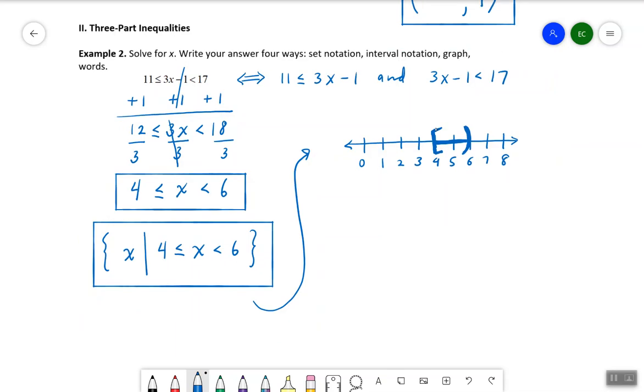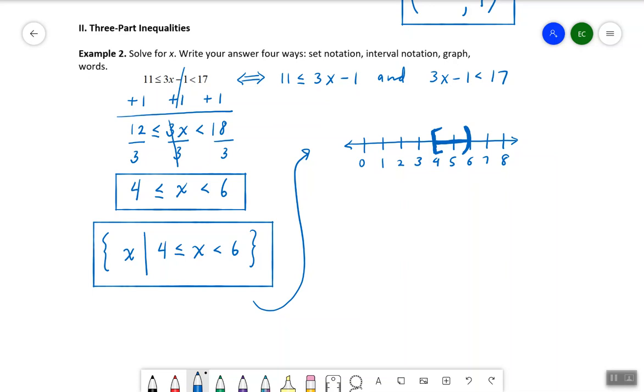So we have a bracket on 4 and a parenthesis on 6, and they're facing toward each other, and the interval in between from 4 to 6 is shaded heavy to show that that's where the values of x are, the values of x that satisfy the three-part inequality.